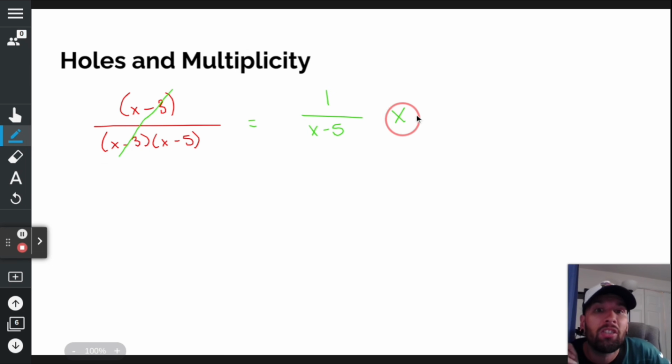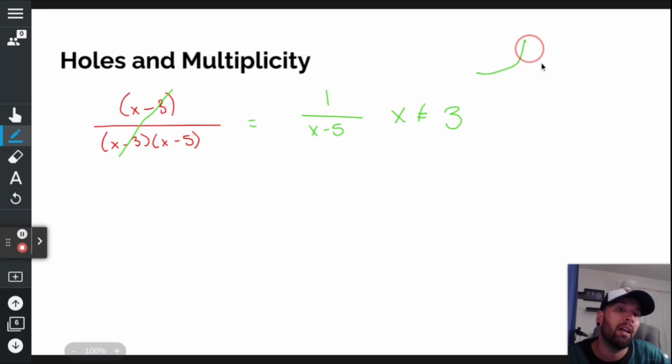However, x still can't be 3. So you might have a graph that looks something like this, but at positive 3 you have a hole and it keeps going. Whenever the numerator and the denominator share the exact same factor, expect a hole to exist there. Even though the graph acts as if it didn't exist in the first place, we're still not allowed to plug in 3 because of the original problem being what it is.